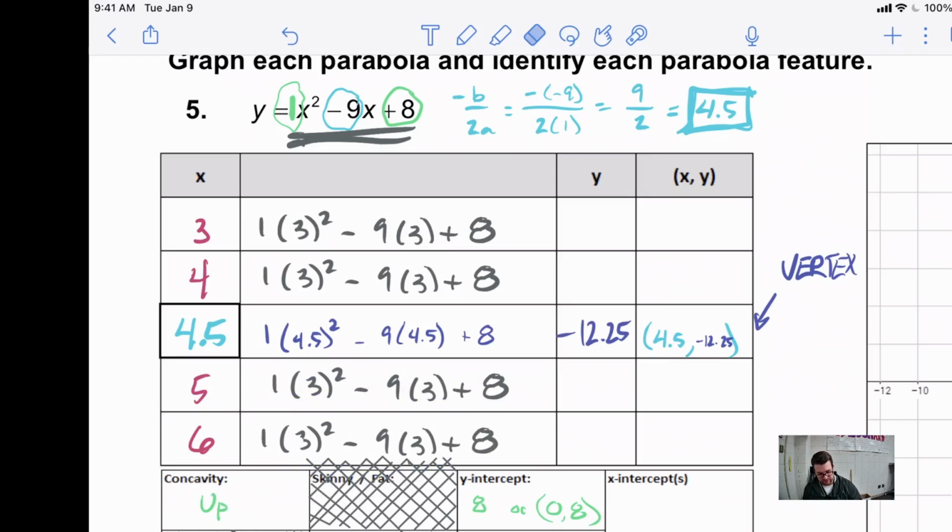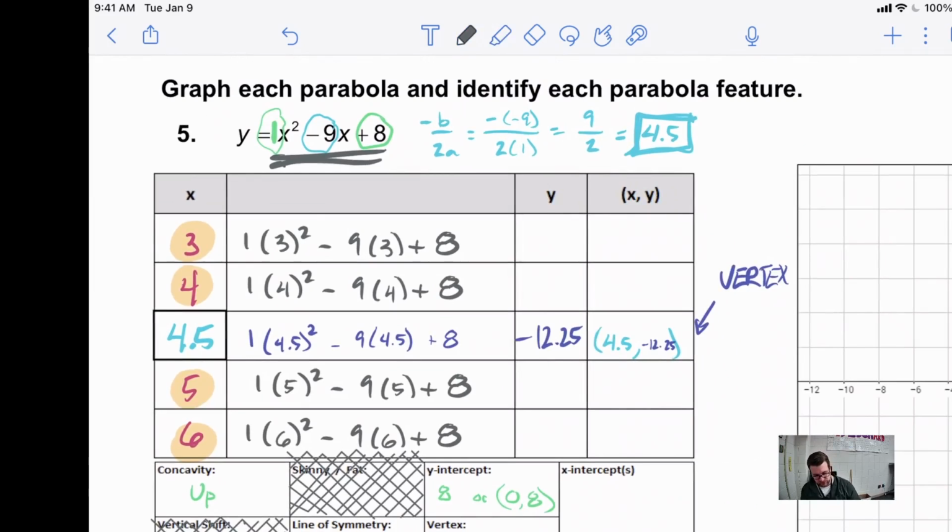In each of these problems, I'm not going to be plugging in 3; I only needed to do that in the top one. This one I'll plug in 4, this one I'll plug in 5, and this one I'll plug in 6. If you're questioning where these values came from, I just picked a nice number that came before 4.5 and a nice number that came after 4.5, so that was where I got 4 and 5, and then I went in nice increments close to there.